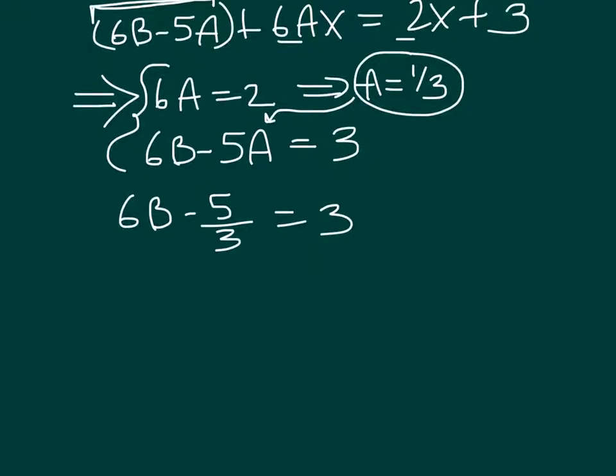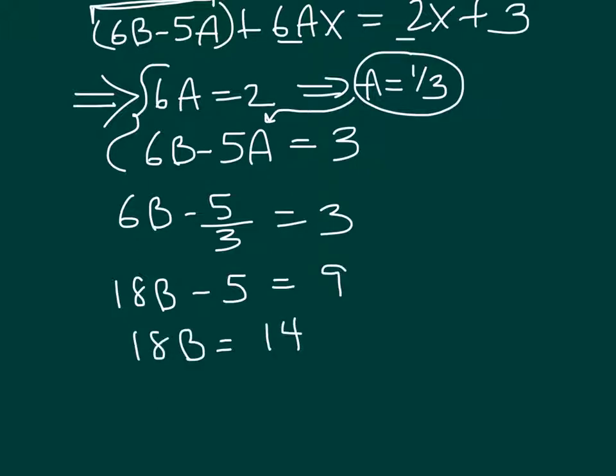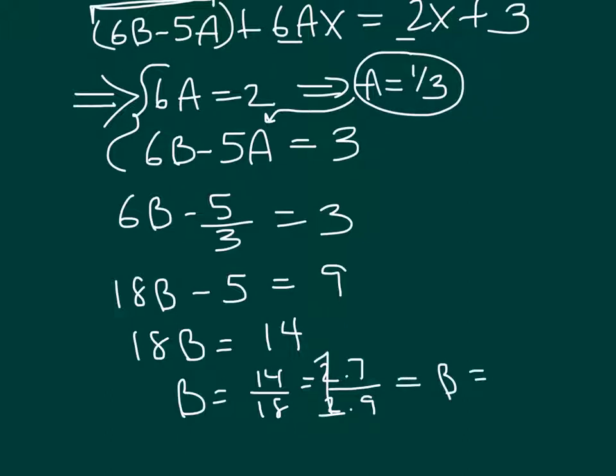Let's multiply everything by 3, so I get 18b minus 5 equals 9. 18b equals 14, and eventually 14/18, which is 2 times 7 over 2 times 9. So our b is equal to 7/9.